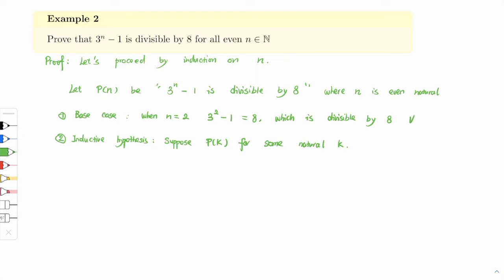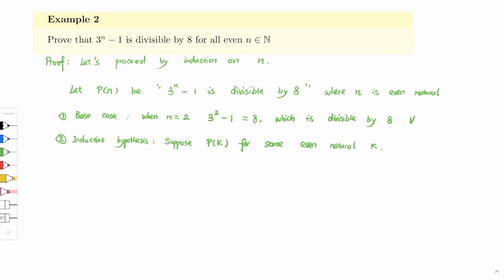Okay, remember it's for some, not for all. And also, wait, I keep missing even here. Okay, for some even natural k. So those are really important: for some, and it's even, and it's natural. Can't miss any of that.